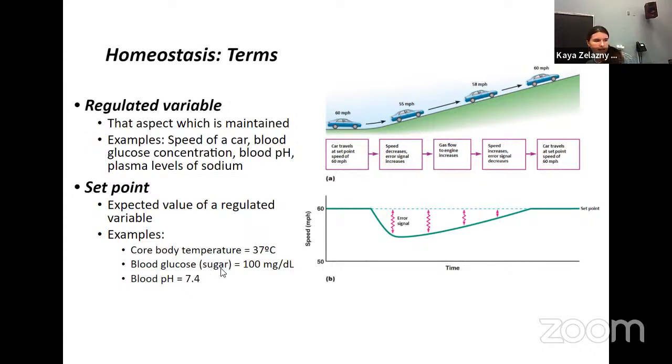Some compositional things, your sugar levels, blood glucose should be at 100 milligrams per deciliter. Your blood pH is at 7.4. These are all examples of things that are regulated variables in the body. So we'll talk about them at various points throughout this course. So the regulated variable isn't the specific number. The regulated variable is just temperature, sugar, pH generally, and then the set point is the value.